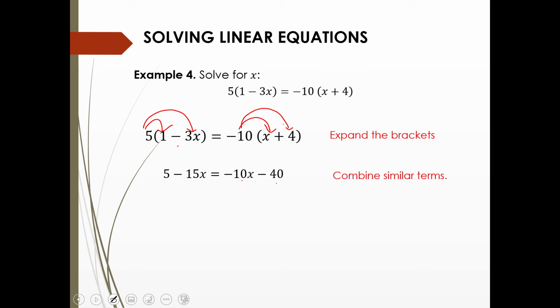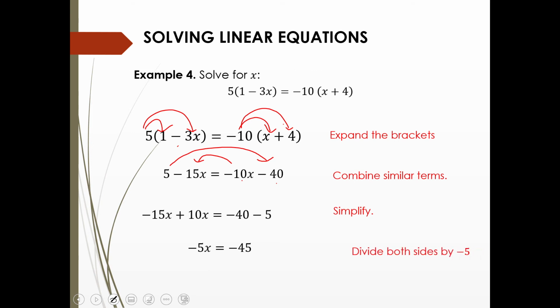And then we combine similar terms, all x on the left side, all numbers on the right side. So minus 15x, this one here, minus 40 stays on the same side, and this one goes to the other side, so that's why minus 5. And then we will simplify. Minus 15x plus 10x is minus 5x. Minus 40 minus 5 is minus 45. Now to solve for the value of x, we will divide by minus 5 on both sides, because we want to remove the number here.